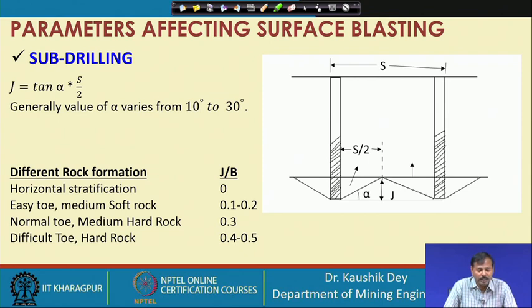In normal medium hard rock, the sub drilling by burden ratio may be up to 0.3, and in difficult toe or very hard rock condition, it should vary between 0.4 to 0.5. So basically, these parameters are easily fixable from these documents.